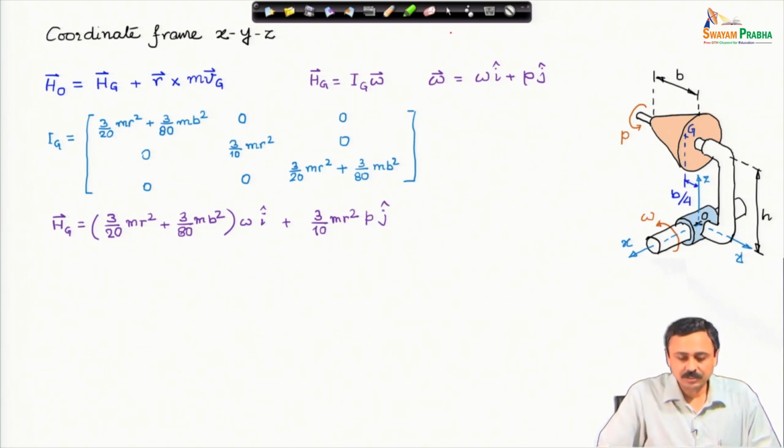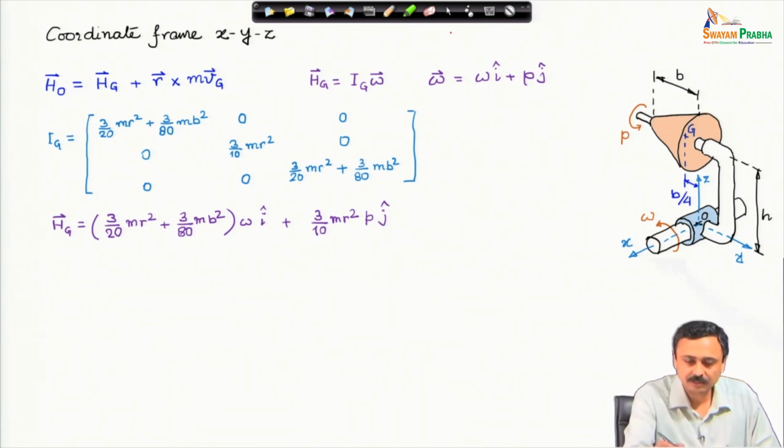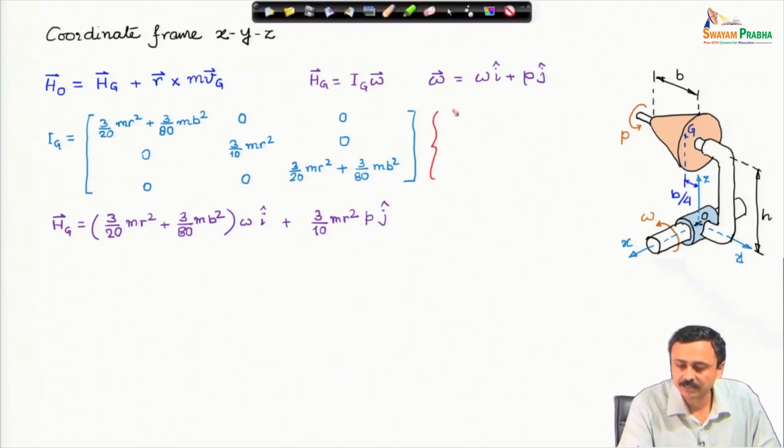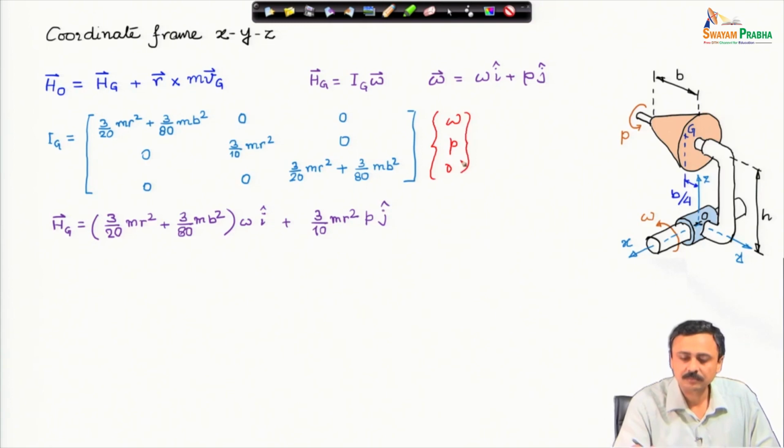Finding out Hg is straightforward. We have to multiply the angular velocity vector with the moment of inertia tensor. In other words, we write this as a column matrix omega, p, 0, and this is the result we have.